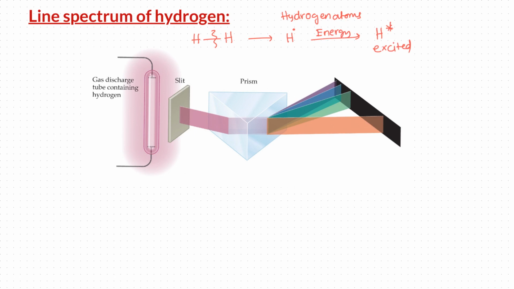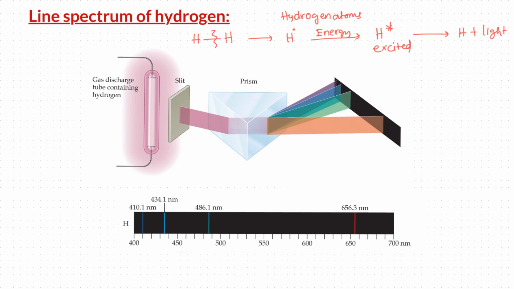These excited hydrogen atoms are unstable and emit radiation consisting of discrete energies. This radiation, when passed through a prism and printed on a photographic plate, gives bright lines on the dark background. This is the line spectrum of hydrogen.